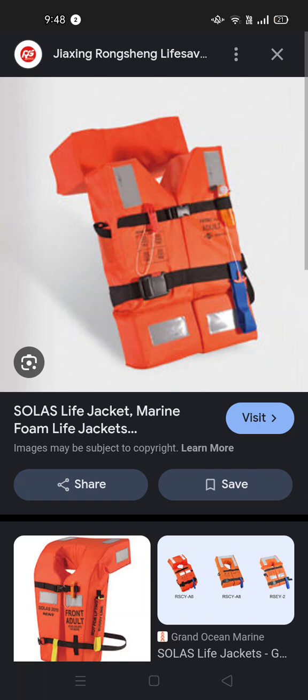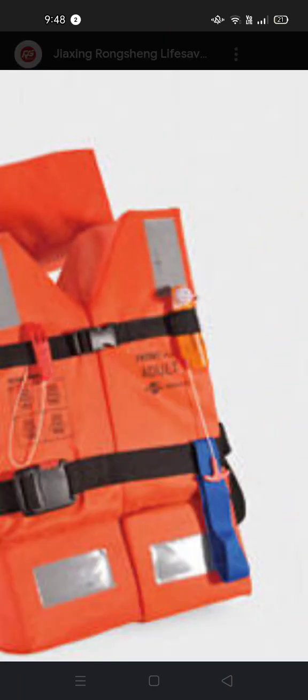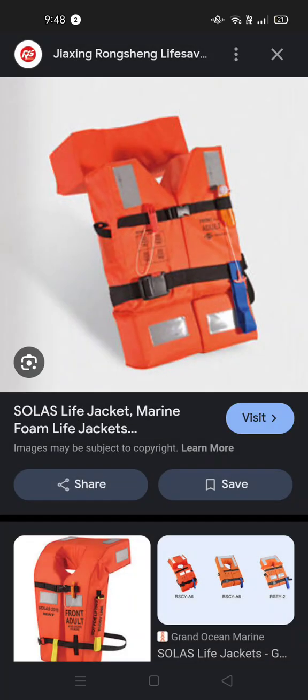It should be marked with the child symbol, and the height and the capacity of the person who can wear the life jacket. Even that should be there. And the light which you can see is 0.75 candela, and it should continue to burn for a period of 8 hours. So this we have to remember, that is 8 hours.